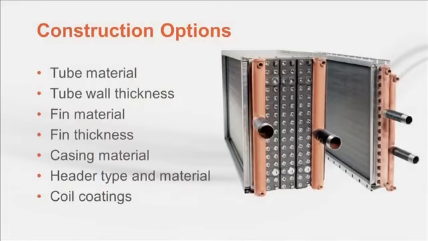In addition, some of the options for construction of the coil include the materials used to make the tubes and the thickness of the tube walls, materials used to make the fins and their thickness, casing material and its thickness, the types of headers used and their material of construction, and coil surface coatings. All of these options help project teams select the optimal coil design for a given project.